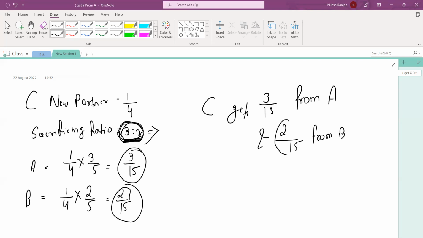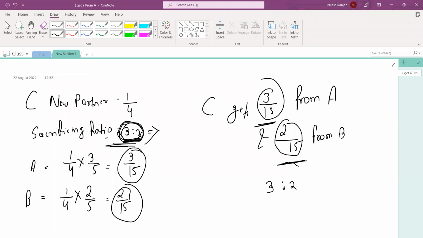So in fraction it is given. In the second case it is given in ratio, but in the third case it is given in fraction. So we have to convert this fraction into a ratio, and it will be 3:2 because we will remove the denominator. Yes?